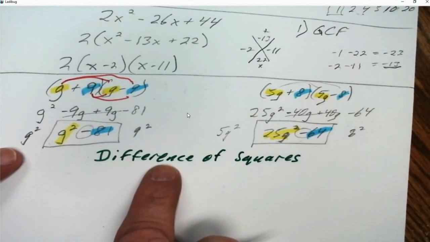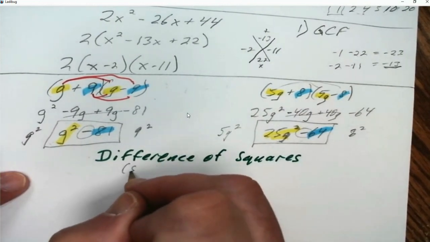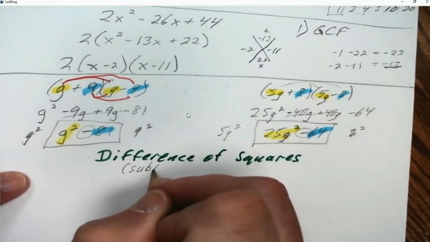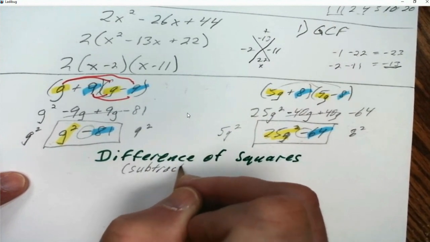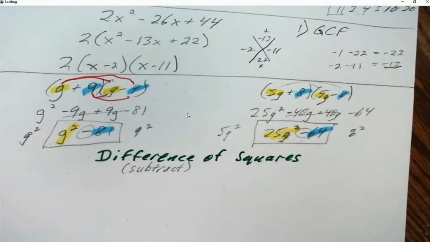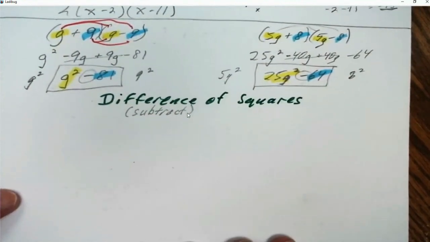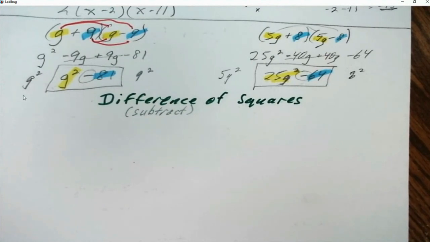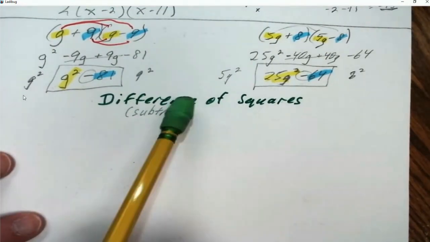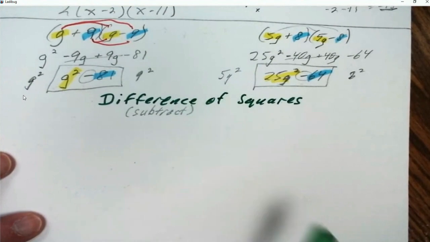Well, difference is when you subtract. When you add, you get a sum. When you subtract, you get a difference. So this is trying to teach us a shortcut, if we can recognize we have this situation.